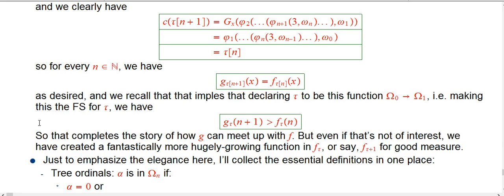So if that's as far as we went, we would still be saying, oh my gosh, the truth is, this tau of n plus 1 is a much huger ordinal than this tau of n.